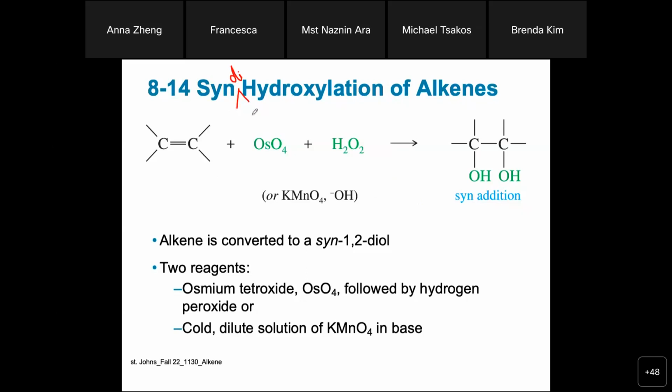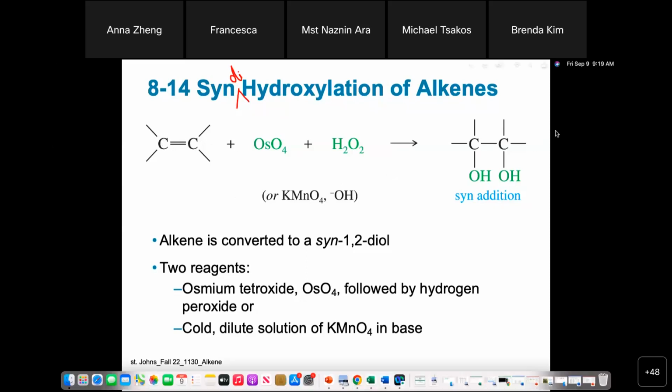So dihydroxylation is a reaction that adds a hydroxy group to both carbons of the double bond of the alkene. And what type of reagent do we use here?